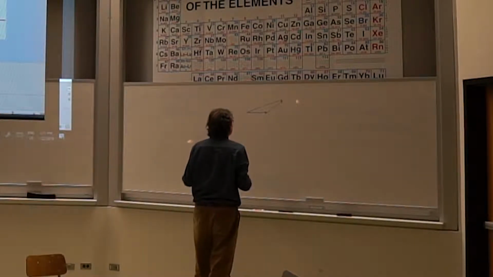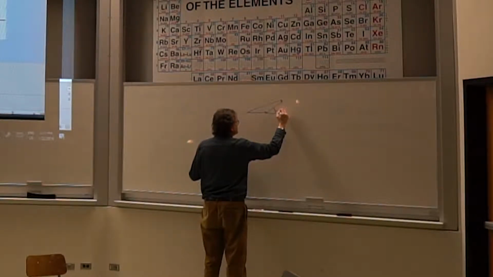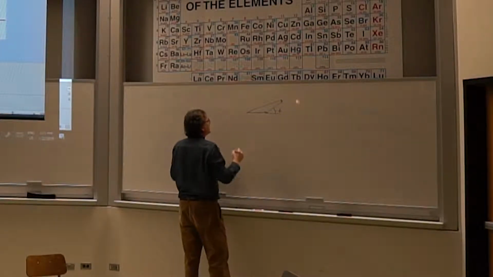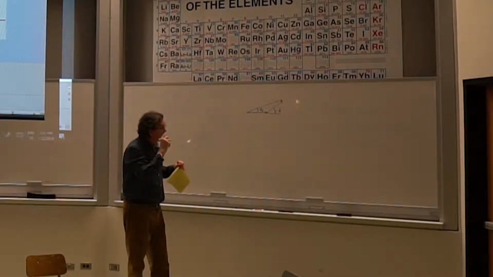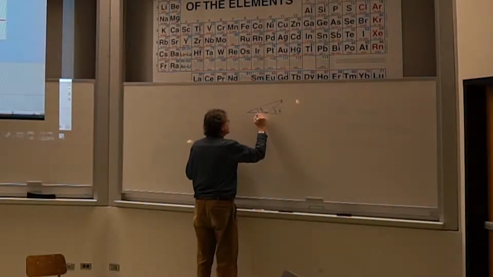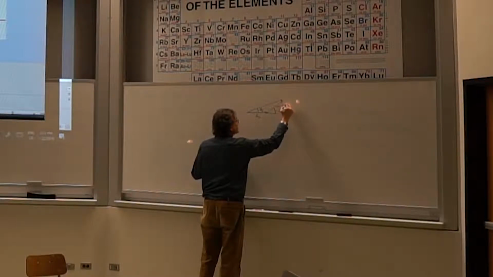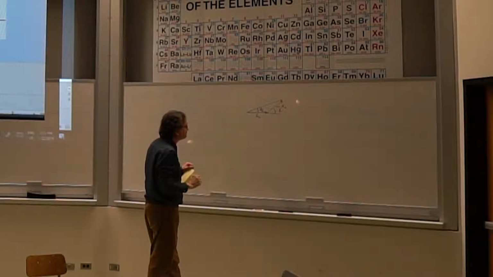Basically, the idea is that using some simple geometry, this is a rhombus, so we can make a parallelogram and so forth. You can show that this angle is the same as delta over 2. I'm going to call this amplitude E0, and the amplitude of the second wave E0, and there's a phase difference of delta between the two sine waves, right?